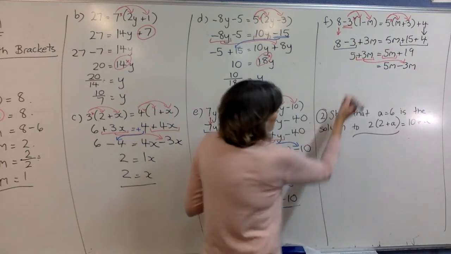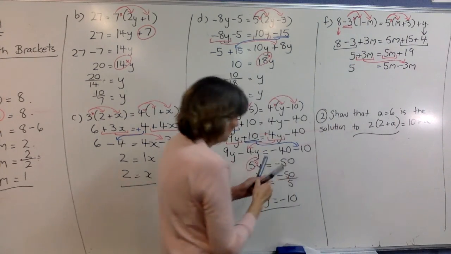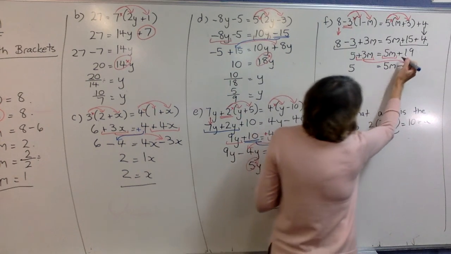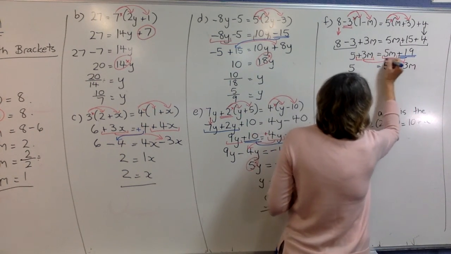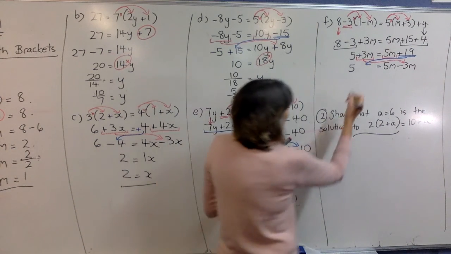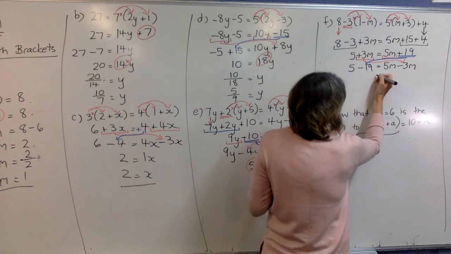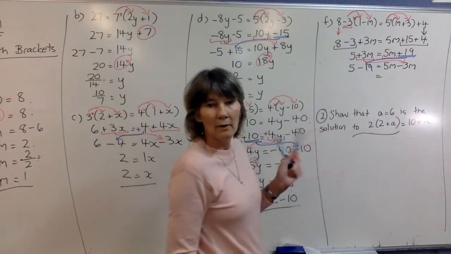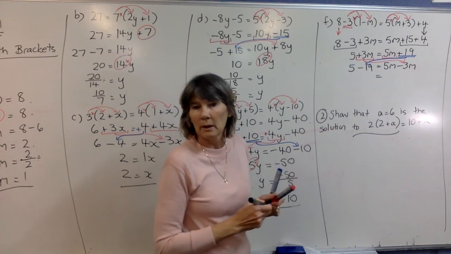And our numbers, 5 stays there. Plus 19 moves over to the other side to join the numbers, and it becomes minus 19 when it moves. So let's collect 5 minus 19. Now use your calculator.